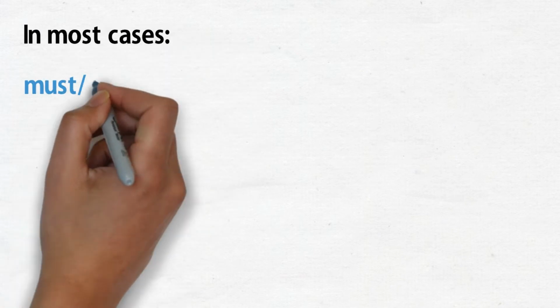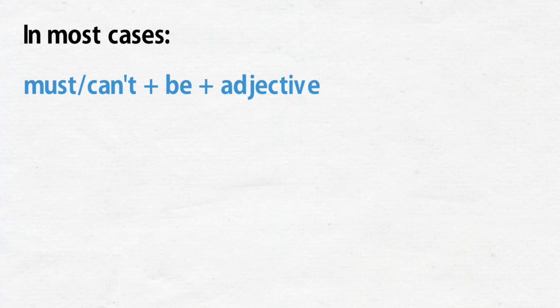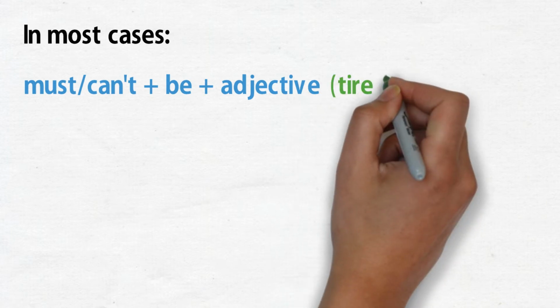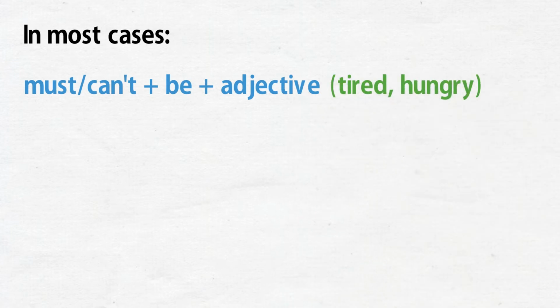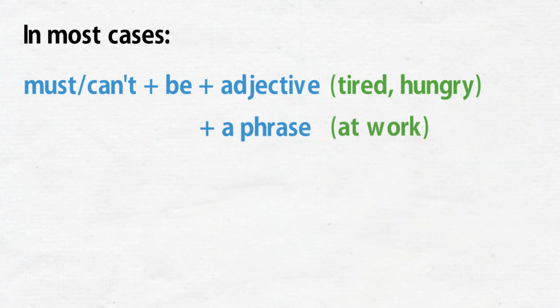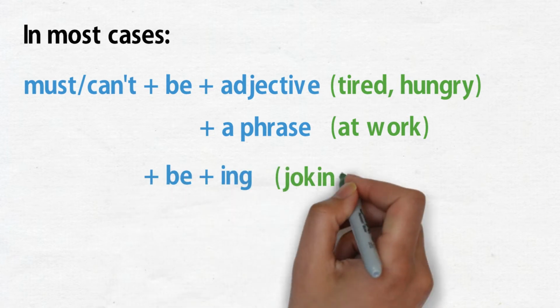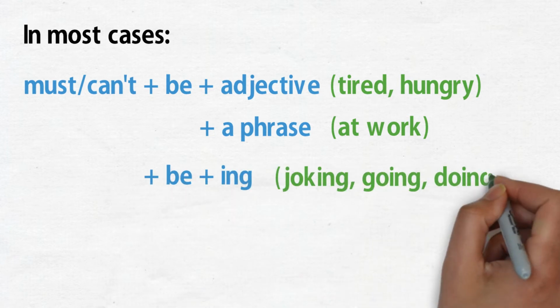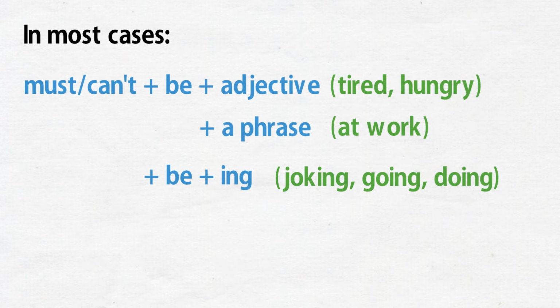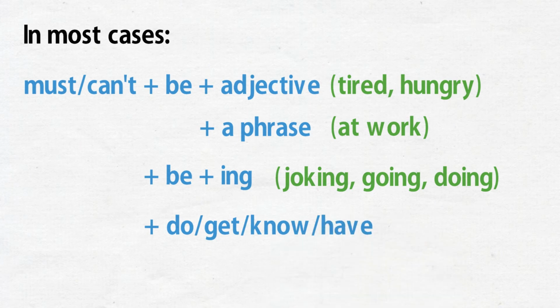Both must and can't are in most cases followed by be plus an adjective, like tired, hungry, or sometimes even a phrase like at work. They can also be followed by be plus ing, like joking, going, doing, etc. Or verbs like do, get, know, have, etc.